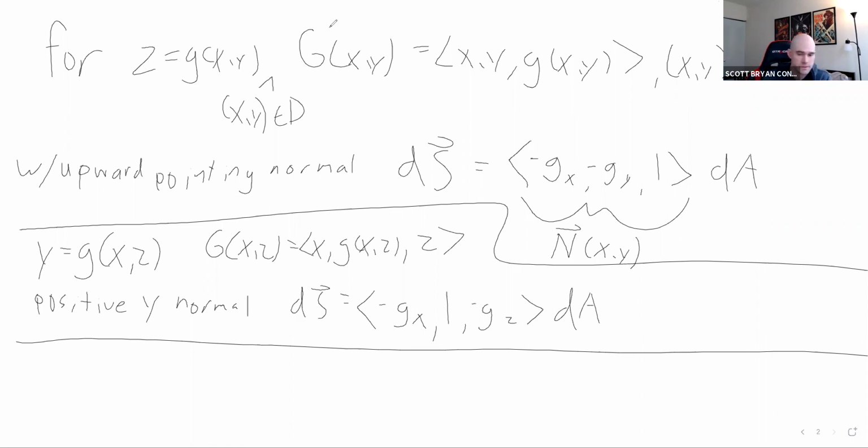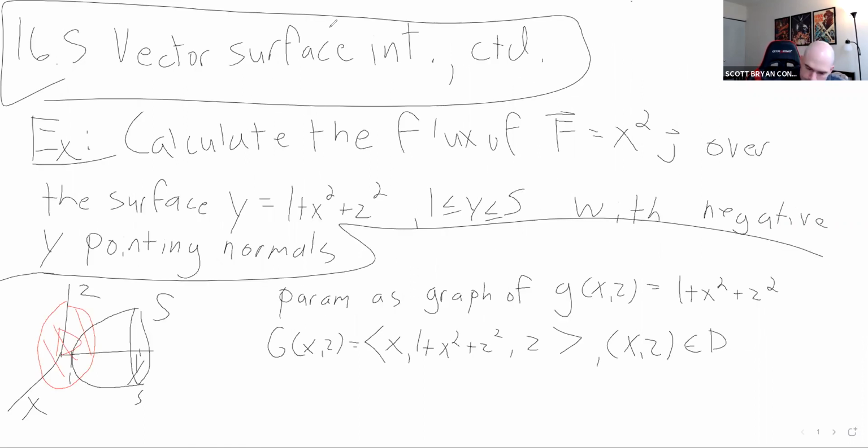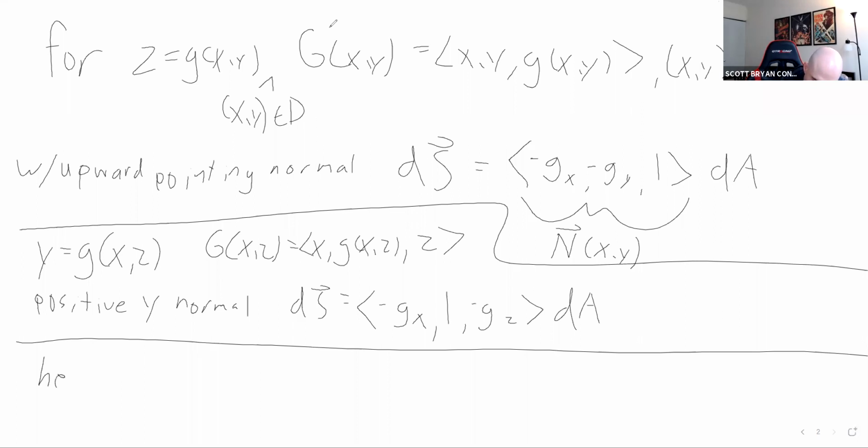Okay, so in this case, we want negative y normals, and we already parameterized our surface here. So d vector s is going to be the thing right above, the negative g sub x, 1, negative g sub z, that's a positive y pointing normal. We want a negative y pointing normal, so we need to flip the sign. So it should be g sub x, negative 1, g sub z.